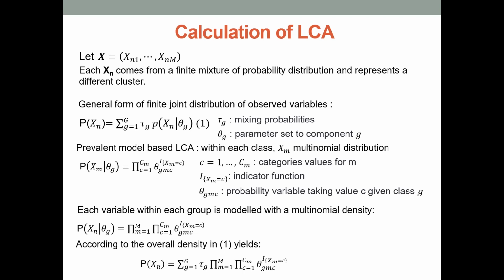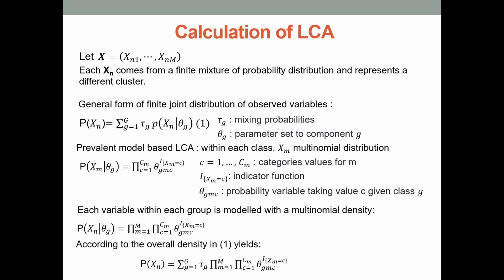Because of this independence, you can express the probability, given the group G, of the variables xm as a product of all the different probabilities of the different categories of the variables. Each variable has a number of categories. For example, for sex, you have two categories, so Cm will be equal to 2.